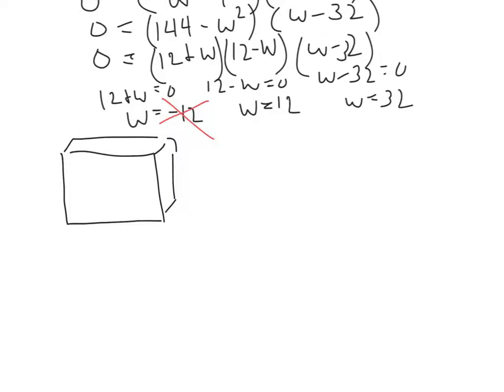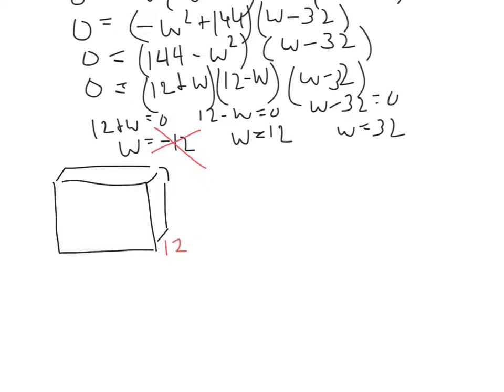So then I would look at the second one. If I say that 12 is my W, that would mean the height would be 12 plus 4, which is 16, because they told us it was W plus 4. And then the length at the bottom would be 36 minus 12, which is 24.